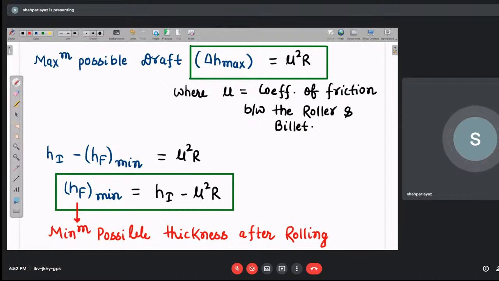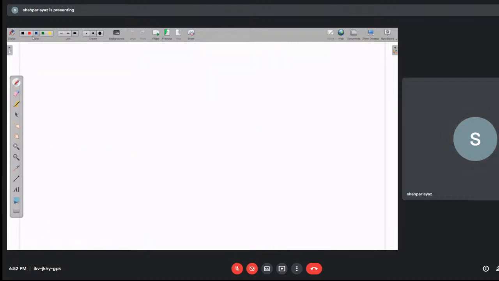Now the tangential velocity of the roller: VR equals omega into R, or you can use pi D N by 60 meter per second.